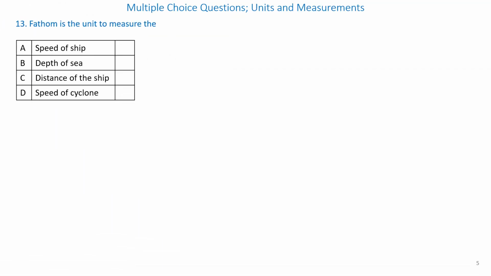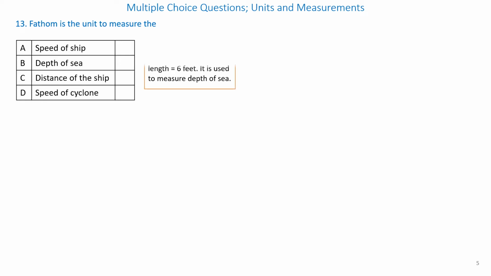Next question. Question number 13. Fathom is the unit to measure the. 4 options are there. Option A, speed of ship. Option B, depth of sea. Option C, distance of the ship. Option D, speed of cyclone. You have to choose the correct answer and mark it.